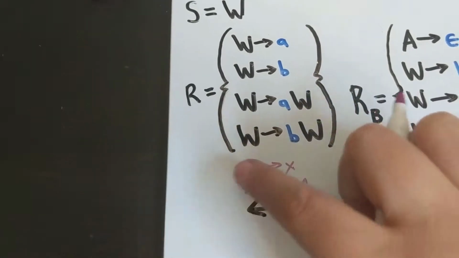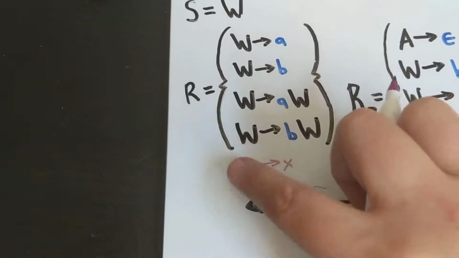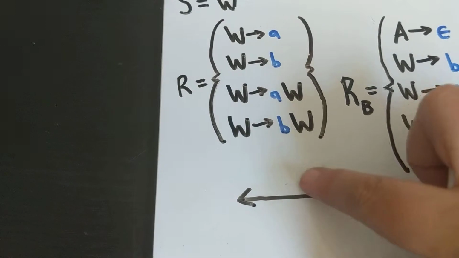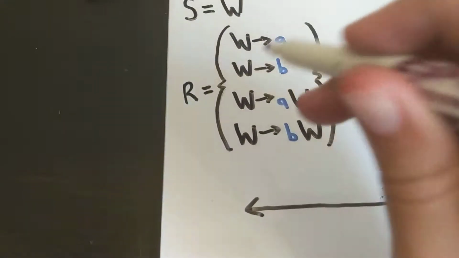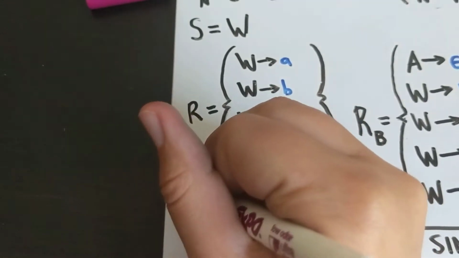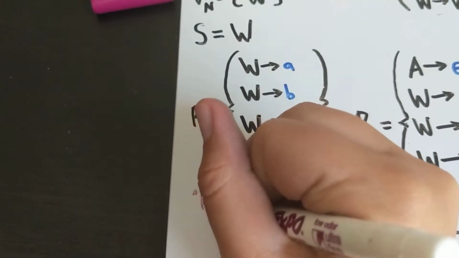That's what regular language requires. So this is a regular language. Anytime you see a set of rules that fit the definition for regular language, we call it a regular language.